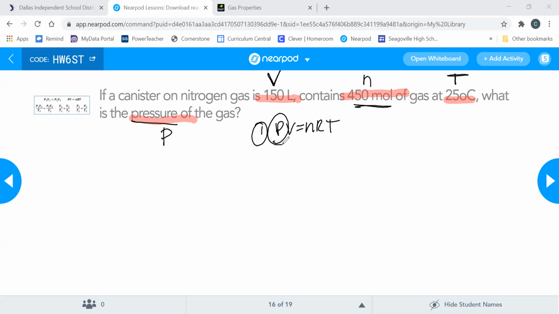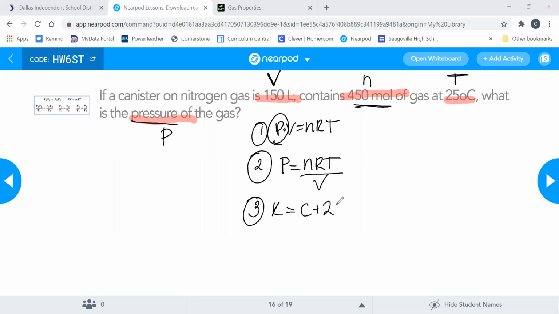I gotta move the V. The only way I can move the V is by dividing, because all of them are being multiplied together. It's gonna look like this. And then thirdly, make sure that my temperature is in Kelvin, which it's not, so I'm gonna have to change it. This is my formula.